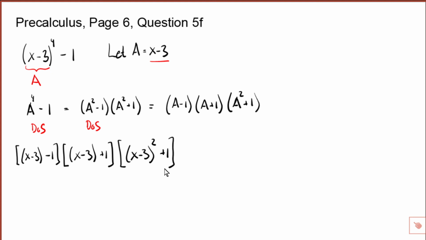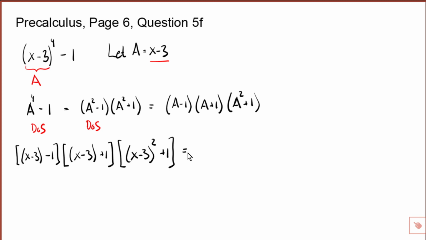At this point, all that remains is removing these inner brackets around x − 3, combining like terms, and then for this last expression, expanding the (x − 3)² and combining like terms to simplify it.